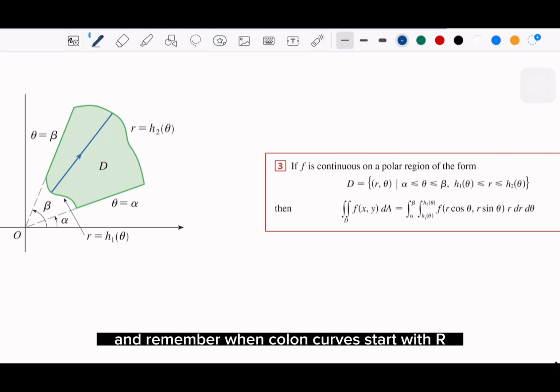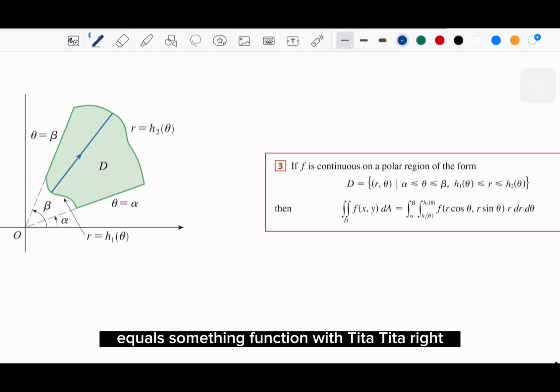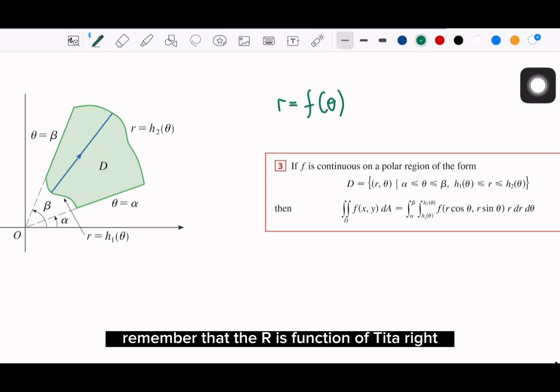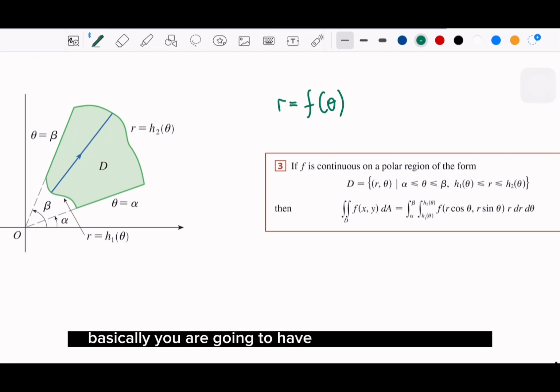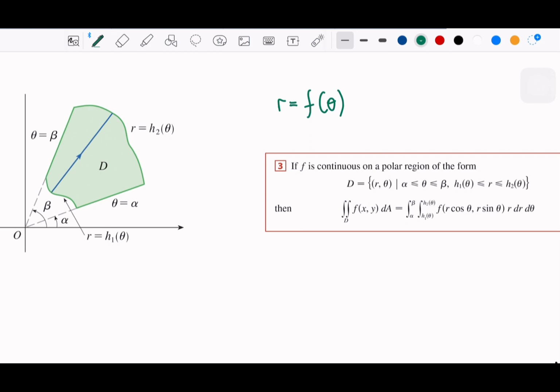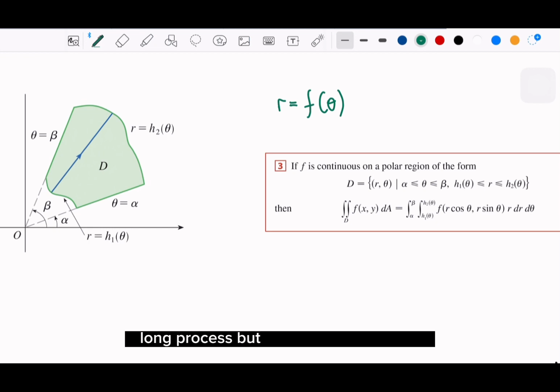Remember, polar curves start with r equals some function of theta. So this h1 and h2 are functions of theta, which is r. So you are going to have some evaluation here, then plug in your h1 and h2 inside, and then evaluate, getting the theta. It's a little bit of a long process, but still in polar.